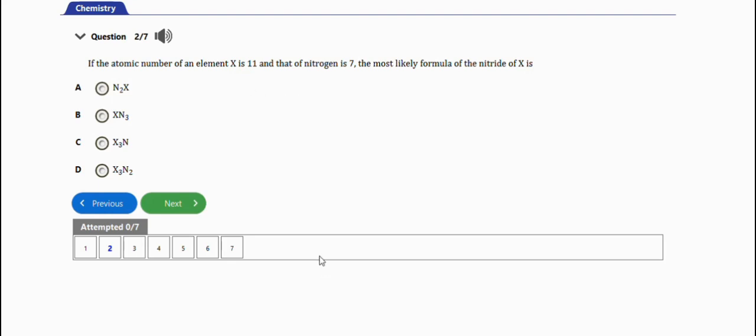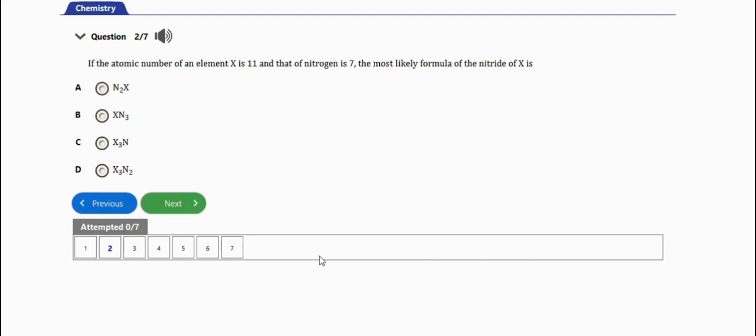Sodium has 1 electron in its outer shell and it's going to give out that 1 electron to attain stability, whereas nitrogen has 5 electrons in its outer shell. It's going to require 3 electrons to attain stability.